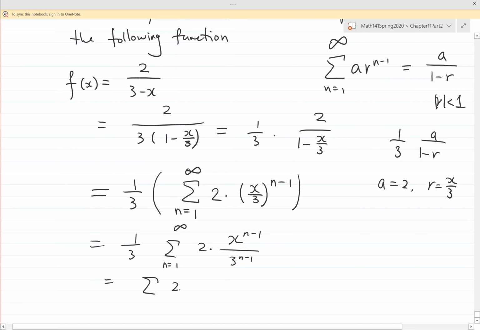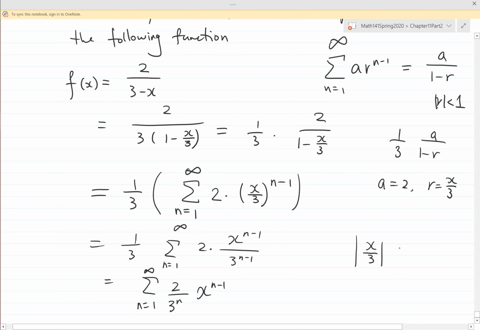So this is 2 times x to the power n minus 1 over 3 to the power n, n from 1 to infinity. Now don't forget the terms. So you get a power series representation of this function f.